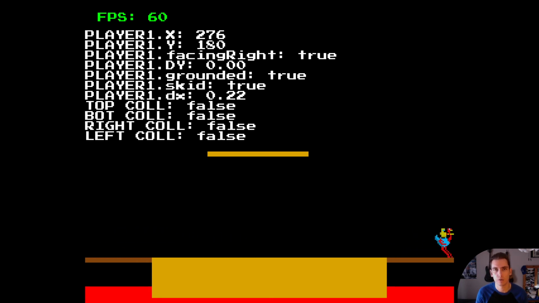But if I hold two directions, okay, well that's weird. If I hold right, then hold left, I do this skid stop, and then he just turned for some reason. But if I go left, he's just in a permanent slow increment of your dx.